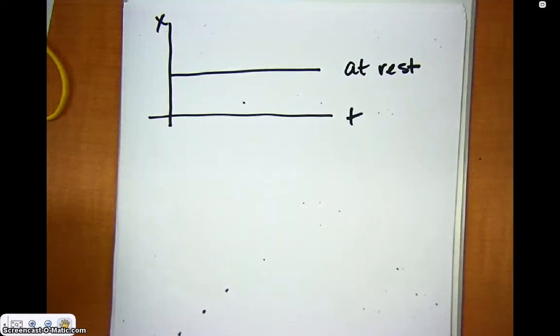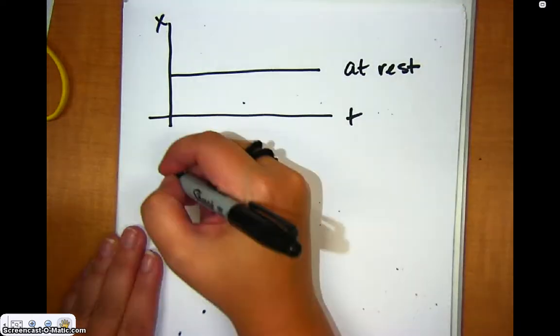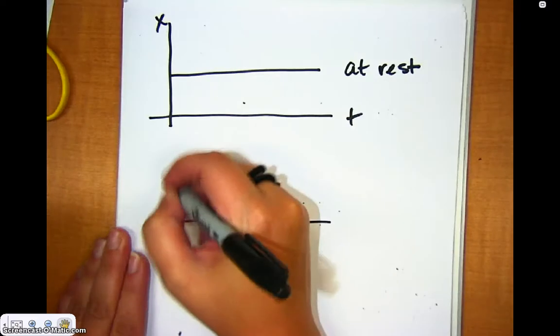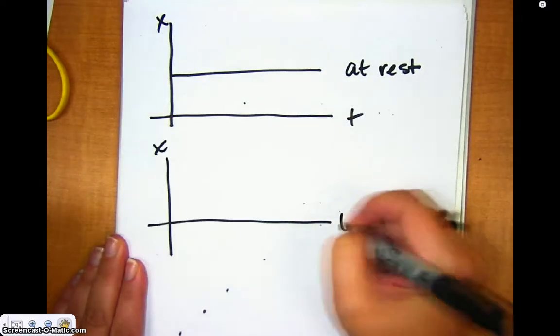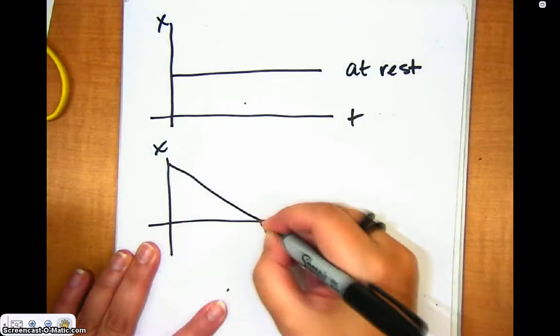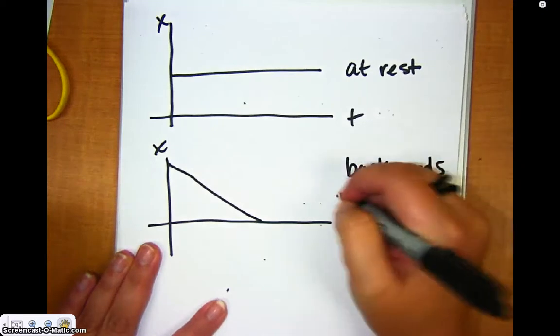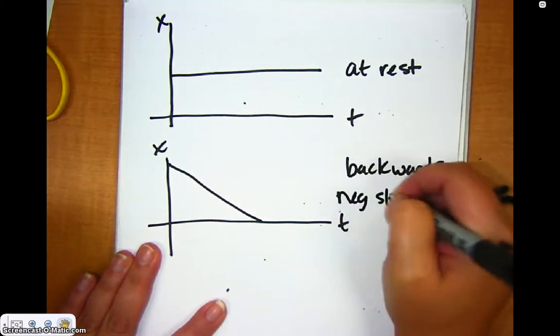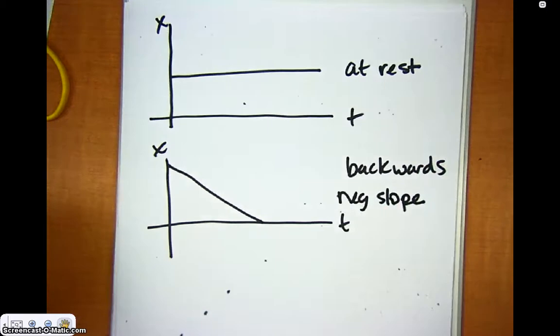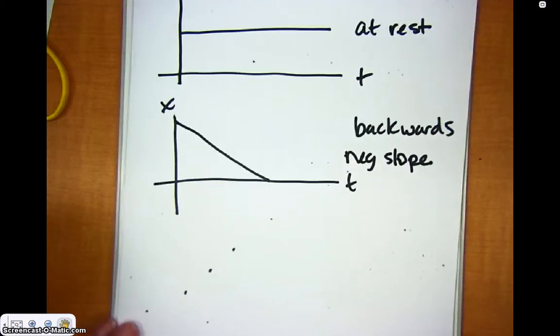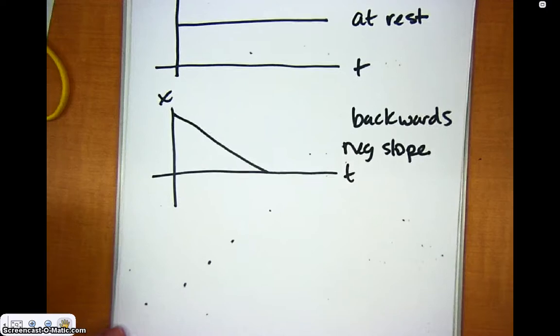Now let's say something's going backwards. That would be starting at some positive x and moving back this way. So we would have a negative slope, right? And then we'll take it just one step further, and I'll go more into detail about this a little bit later. Let's say something's not going at constant velocity.